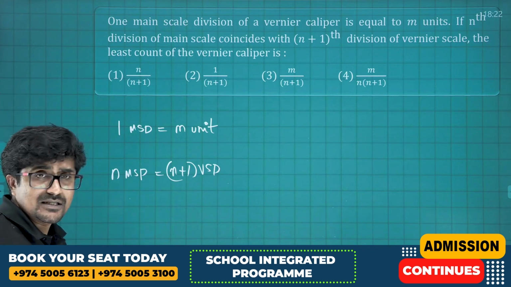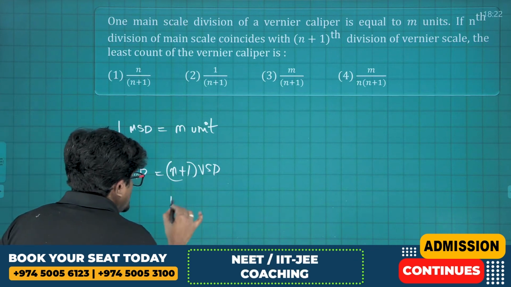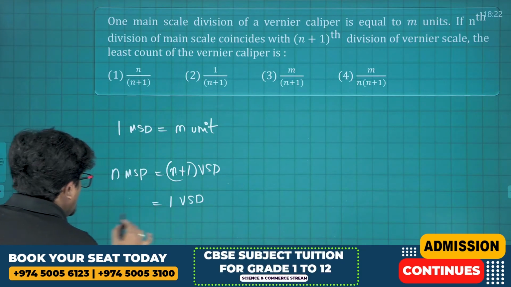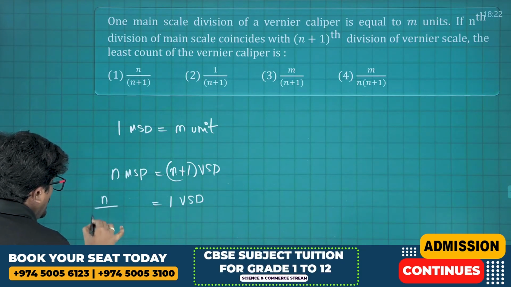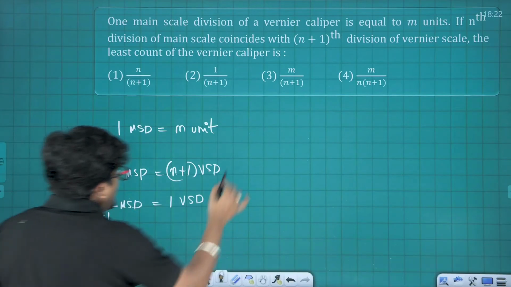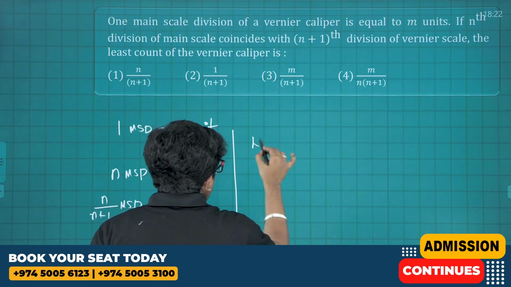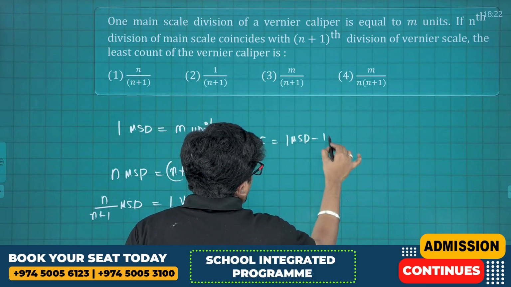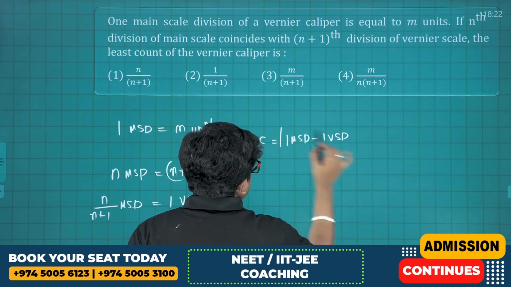Then the least count is, obviously, what we'll do here: first of all we need 1 VSD. 1 VSD is equal to what? n upon n plus 1 MSD. And how to get the least count? Least count is 1 MSD minus 1 VSD.